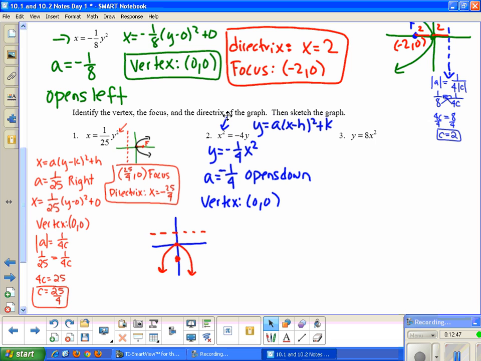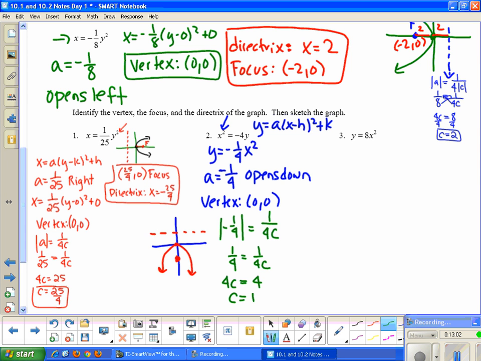So to find that, I need to use my formula, the absolute value of A. So the absolute value of negative 1/4 equals 1 over 4C. So 1/4 equals 1 over 4c. So we get 4c when we cross multiply equals 4. So c is equal to a distance of 1. So the distance from here to here is 1, and the distance from here to here is 1.